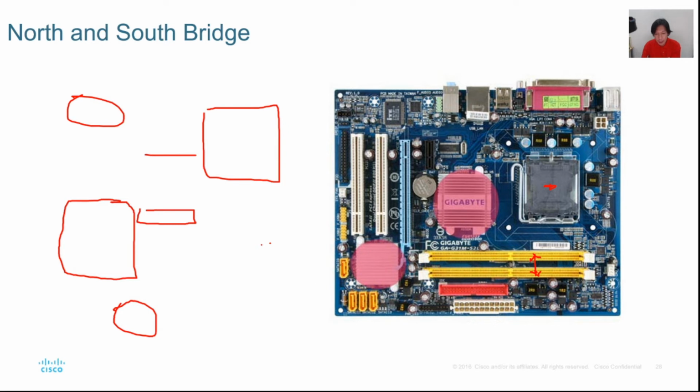Here are the hard disk connections, or what we call the SATA connectors. Plus there are some USB and other components that will be connected at these pins. And this is the PCI. So when we cut that, this is your north bridge chipset and this is the south bridge chipset.